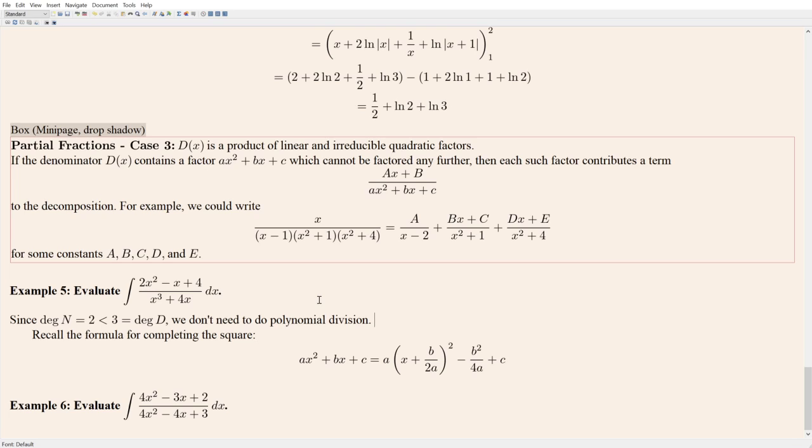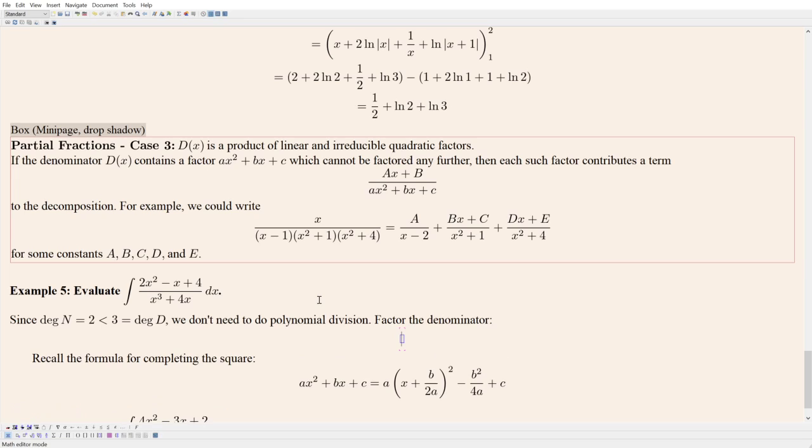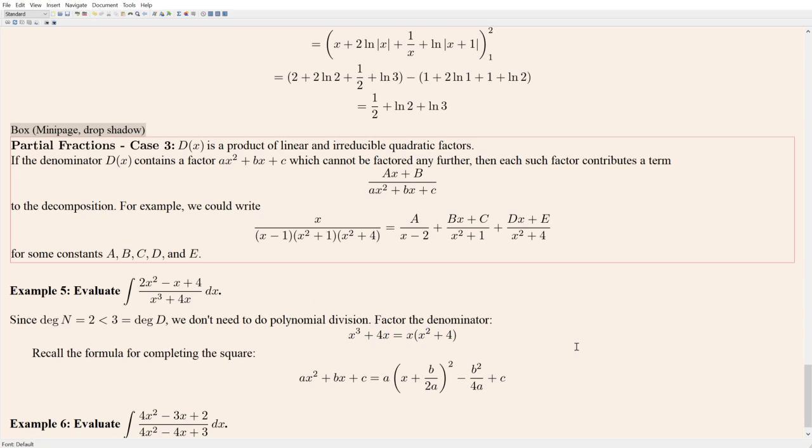Okay, so for the partial fractions, let's factor the denominator. We can just factor an x out of it. So we get x times x squared plus 4. And then that's it. That's the best that we can do, because x squared plus 4 cannot be factored any further.